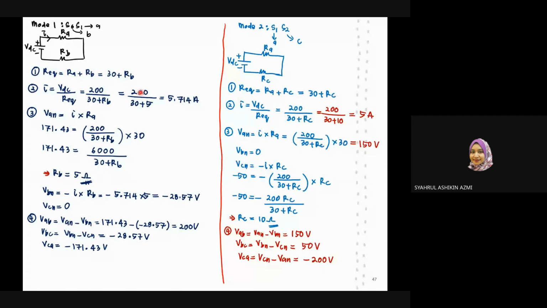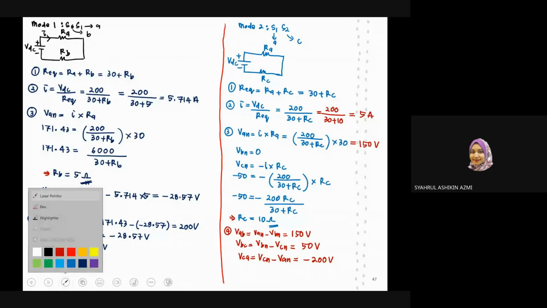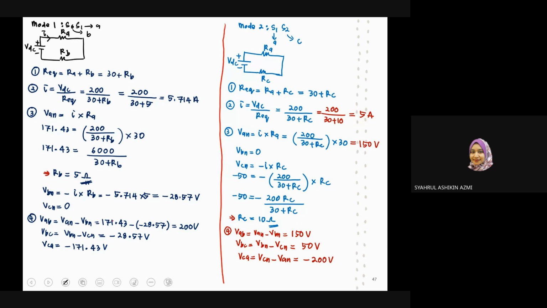This part is still unknown, since you don't know yet the value of RB. Never mind, proceed to the next step, where you need to find your VAN, VBN, and VCN.